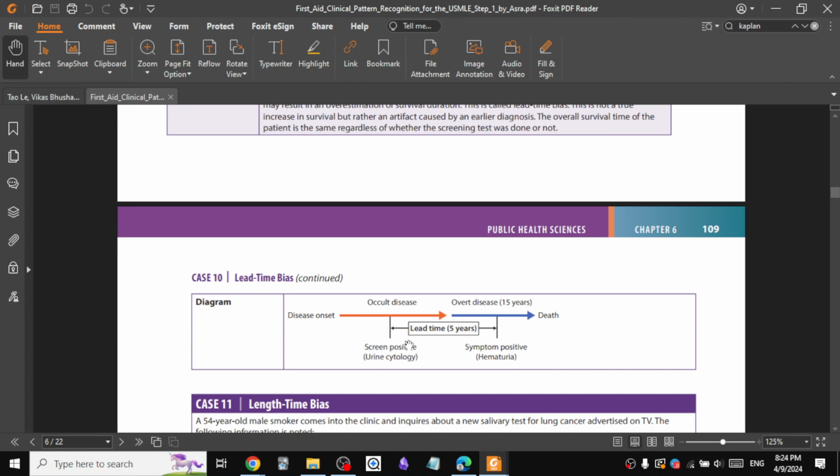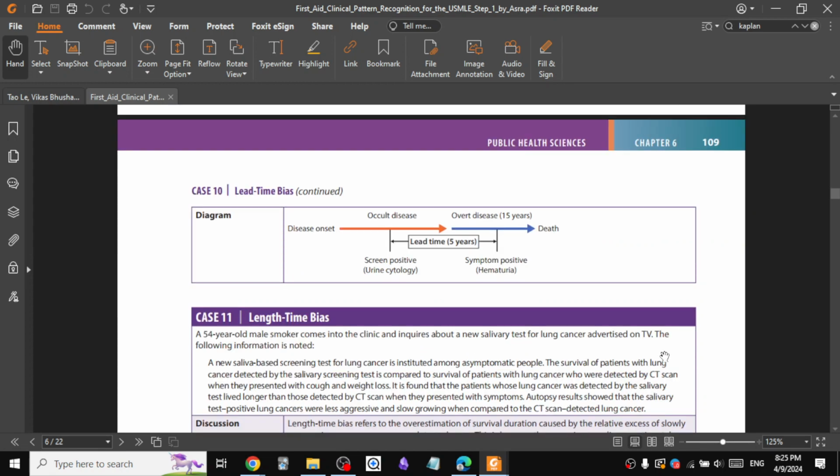So the difference between these two is when I actually start to see the symptoms and when I actually had the screening. The screen was done here, and after all of this, I see that the survival period has increased, but in fact the progression of the disease is just normal. It hasn't been changed, right?